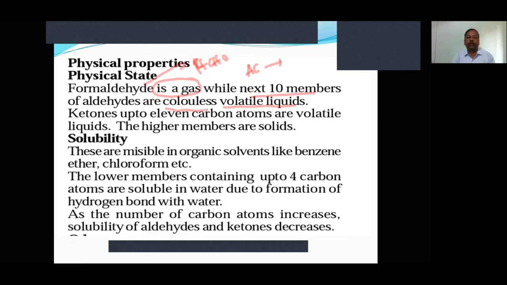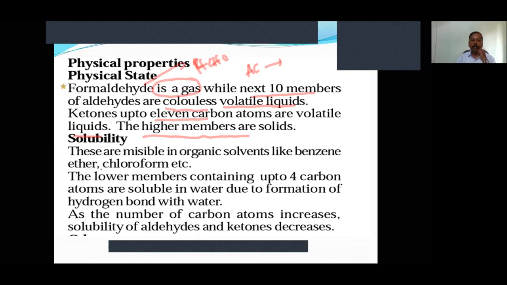But ketones, even up to 11 carbon atoms, are liquids. There is no gas in ketones because they start with 3 carbon atoms, and higher members are solids. So this is about the physical state. Understood? The question may be related to formaldehyde.